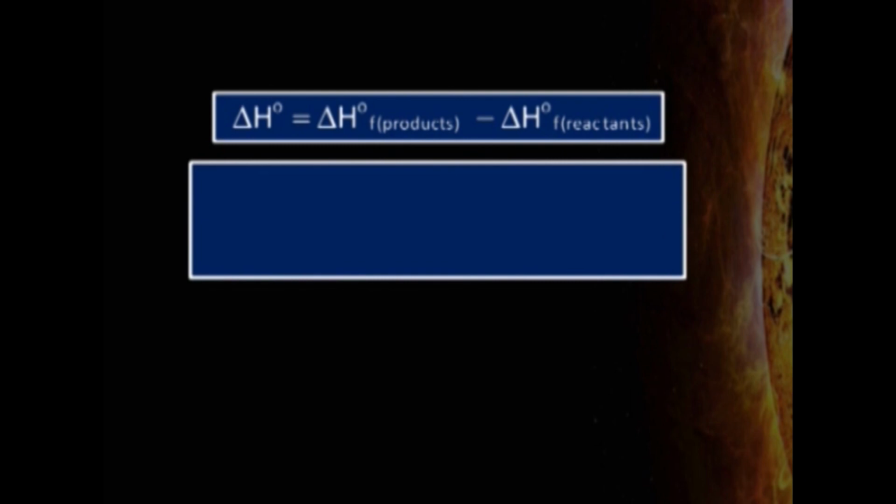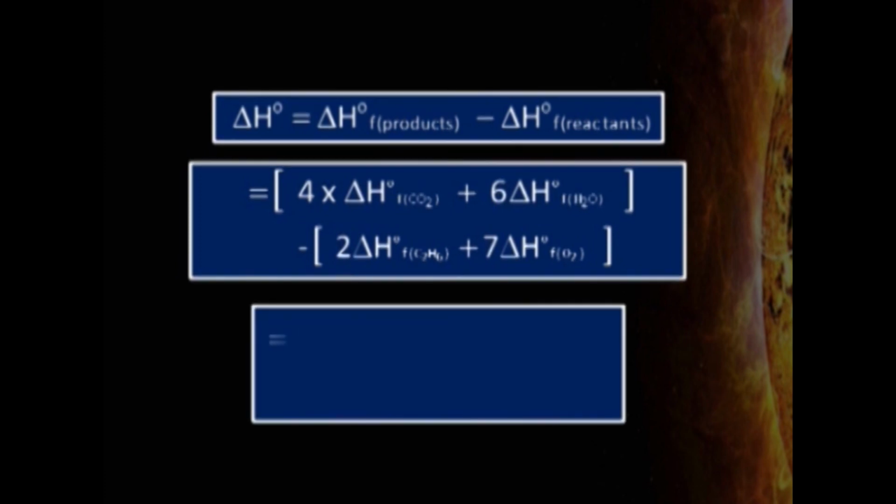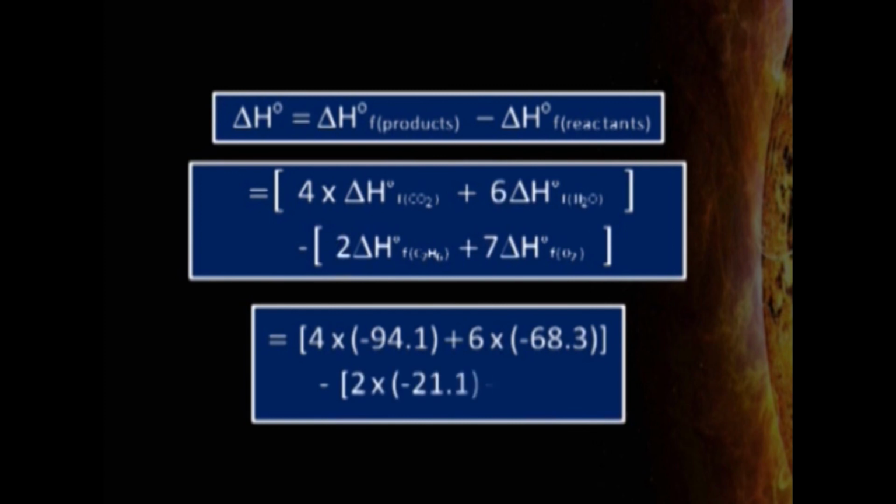Hence, you will get delta H naught equal to 4 into delta H naught formation of carbon dioxide plus 6 delta H naught formation of H2O minus 2 delta H naught formation of C2H6 plus 7 delta H naught formation of oxygen, which is equal to 4 multiplied by minus 94.1 plus 6 multiplied by minus 68.3 minus 2 multiplied by minus 21.1 plus 7 into 0.